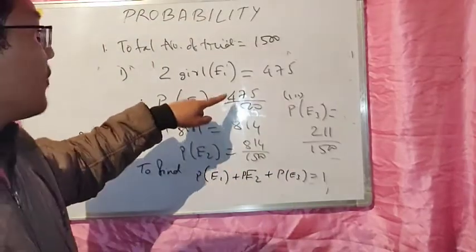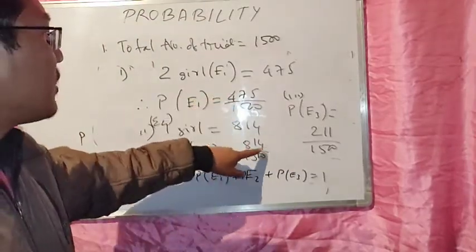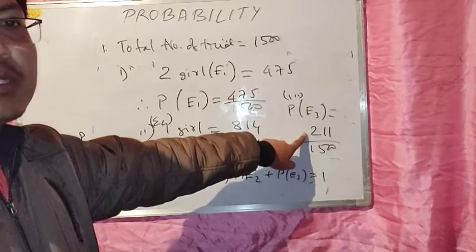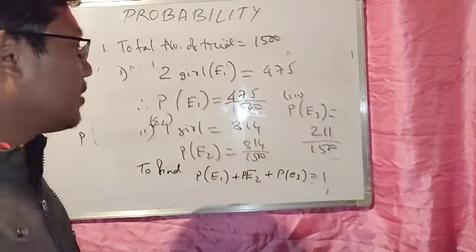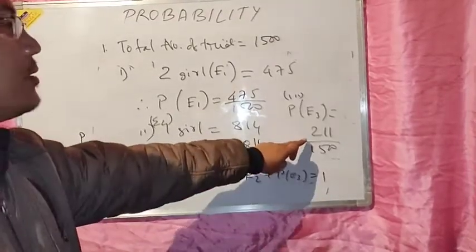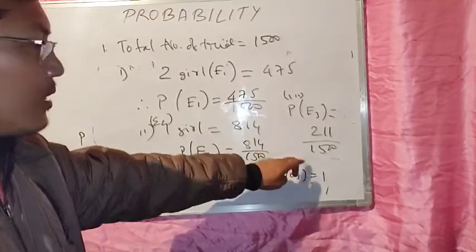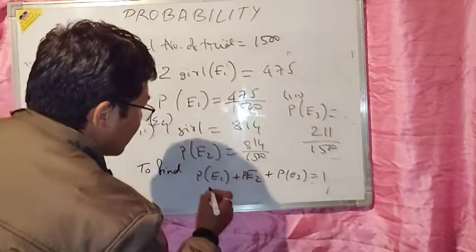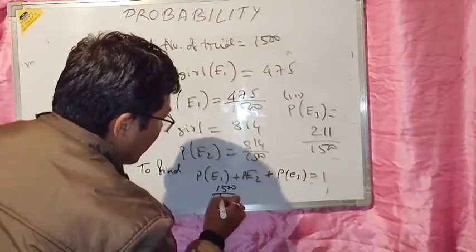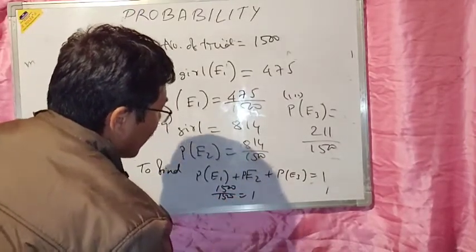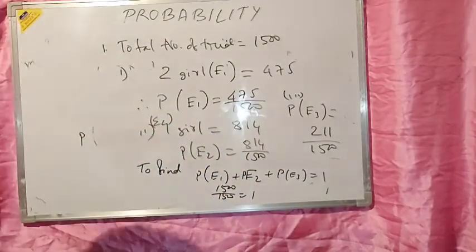See here, 475 plus 814 plus 211. How much? 1500. 1500 by 1500. How much? It will be 1. It is verified. Understood?